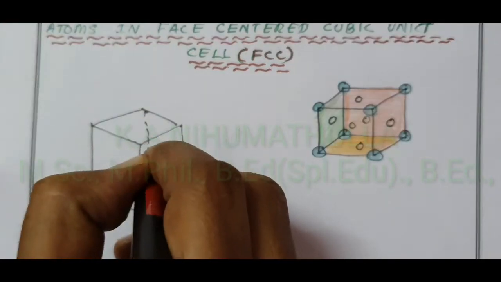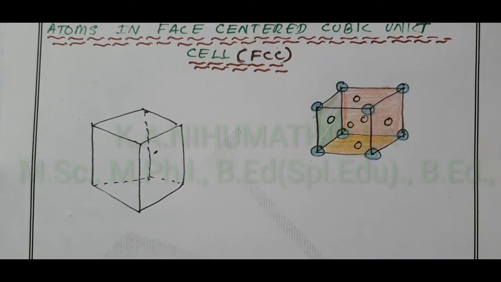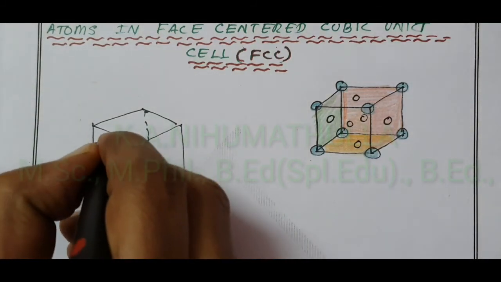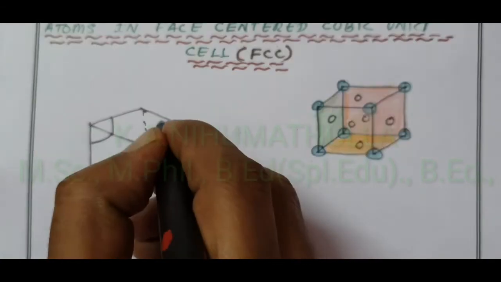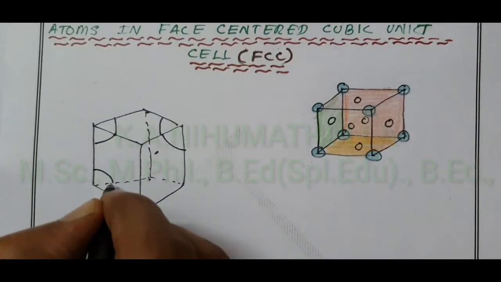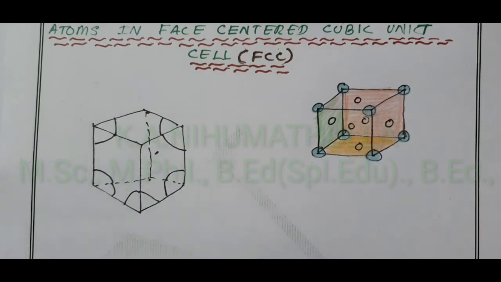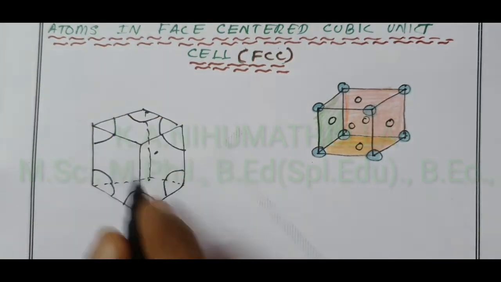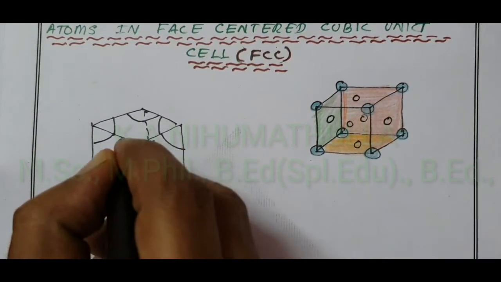Now these 2 points are joined, and in each corner there is one atom. You can join these edges, and also here you have one face centered atom. Starting from this, join the 2 edges, and these are the corner atoms. I simply draw this atom 1, 2, 3. Now here you have 1/4 atom. Other atoms are hidden.